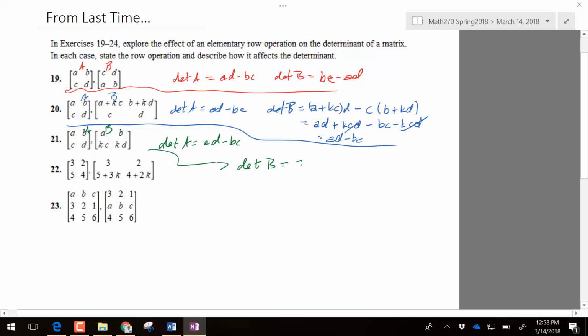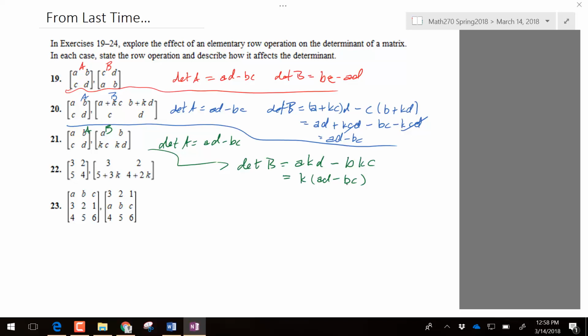It's going to be A times KD minus B times KC. Looks like there's a factor of K that we can take out, right? So it's out, and then here's what we have.